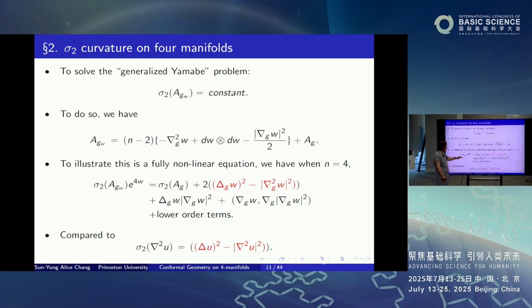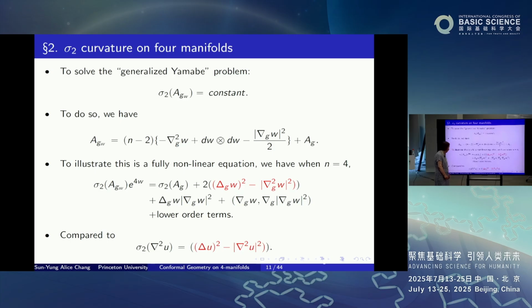And using that explicit expression, we can write down sigma 2(A_{g_w}) e^{4w}. And it turns out the integration of sigma 2(A_{g_w}) e^{4w} is a conformal invariant, but the highest order term of that is Laplace squared minus Hessian squared. But there are also some lower order terms.